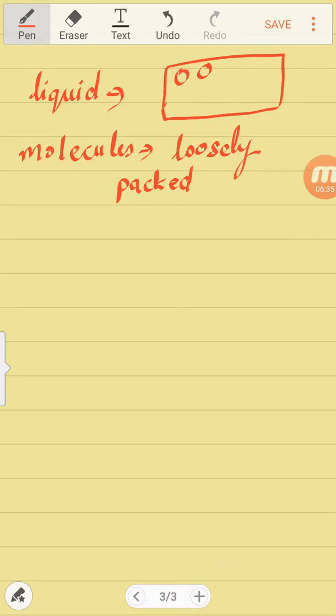In liquid, molecules are loosely packed, that's why the liquid moves. If it's closely packed like in solid, how would it move, right? It's loosely packed.